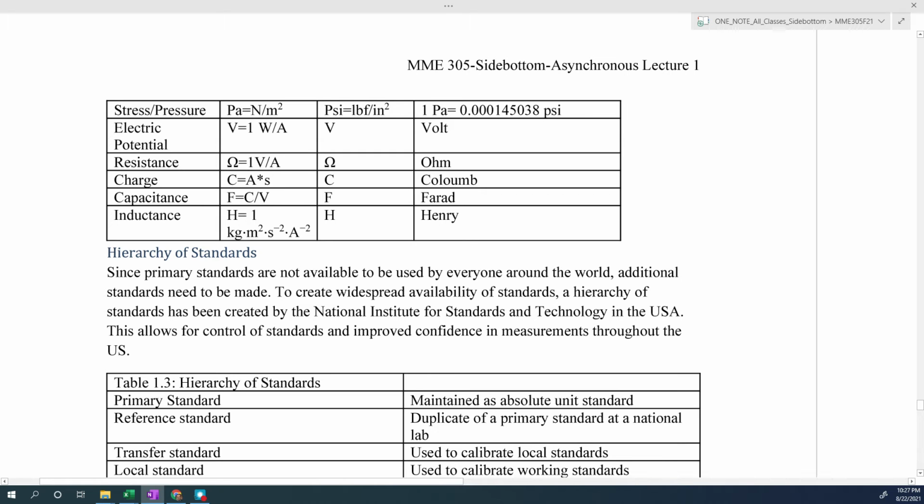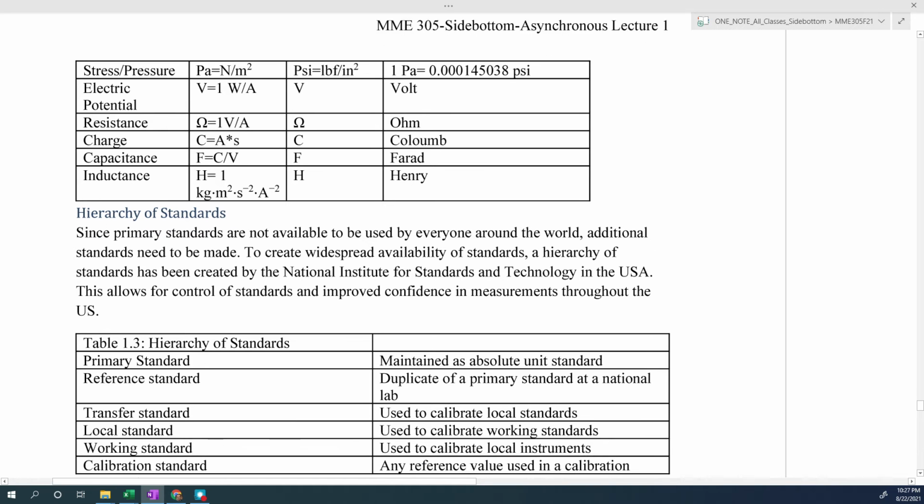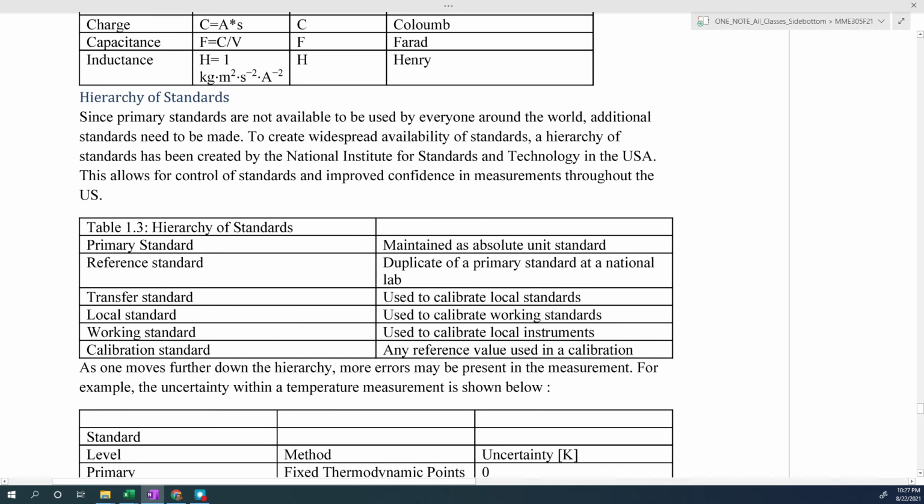All right, so in addition to the unit standards, there's something called the hierarchy of standards. Okay, so the hierarchy of standards basically explains that there's a single standard that defines what the actual standard is in the world, and then based off of that standard, additional reference standards are made based off of that primary standard.